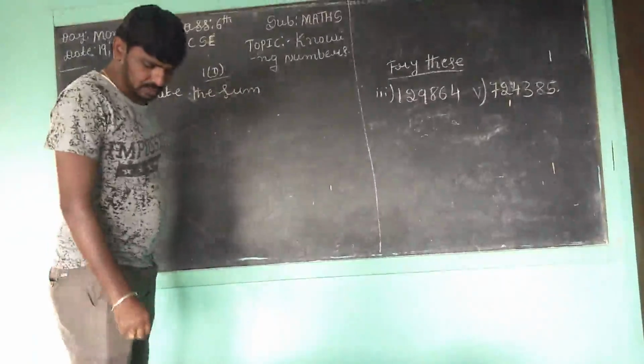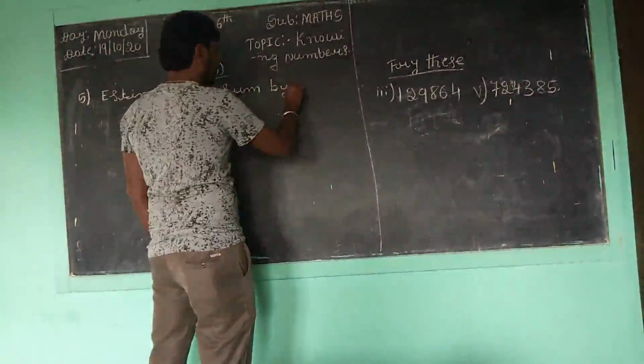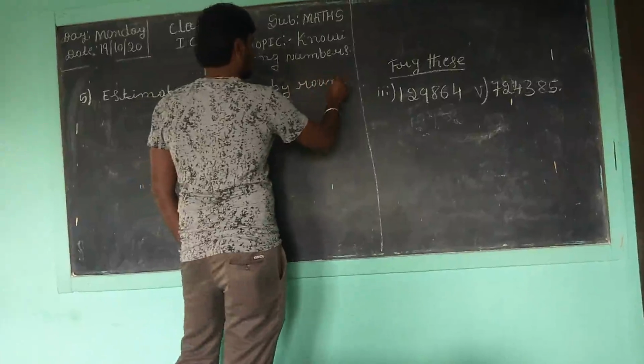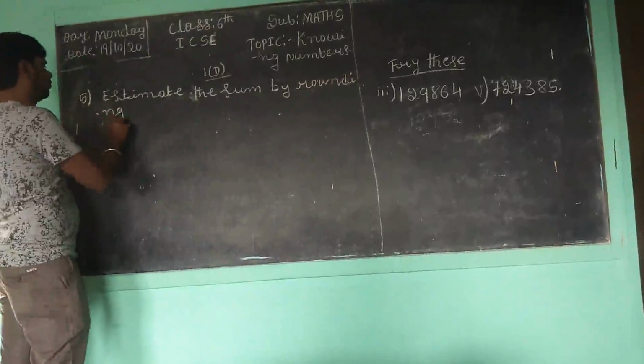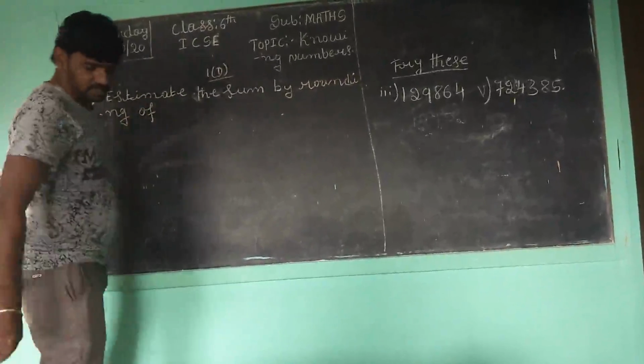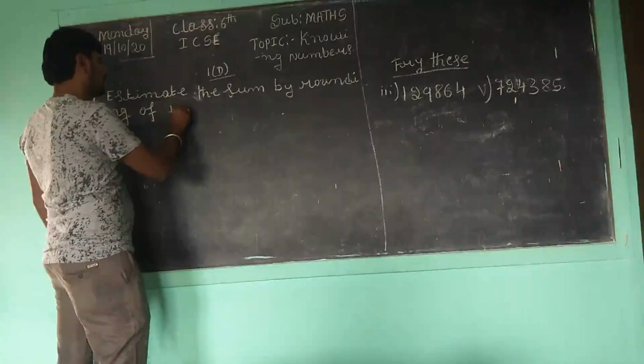Estimate the sum by rounding off to nearest. Estimate the sum by rounding off. Rounding off or round off, whatever it is, both are the same. But it is very nearest to nearest 10. Very simple, children, to nearest 10.